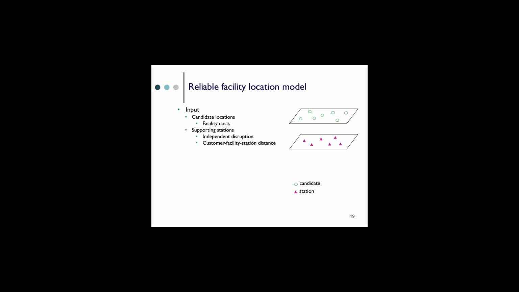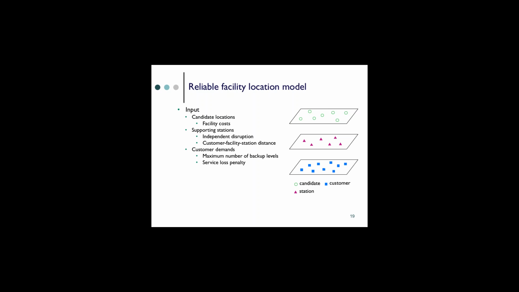Now we have obtained the station structure. We are ready for developing a model based on it. This model has several components. We have several candidate locations. Each location has a fixed construction cost. We have multiple supporting stations. These stations are subject to independent disruptions.